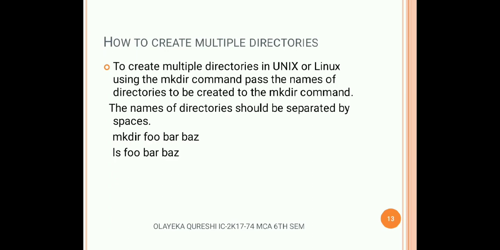Moving to the next, how to create multiple directories. To create multiple directories in Unix using the mkdir command, pass the names of the directories to be created to the mkdir command. The names of the directories should be separated by spaces.